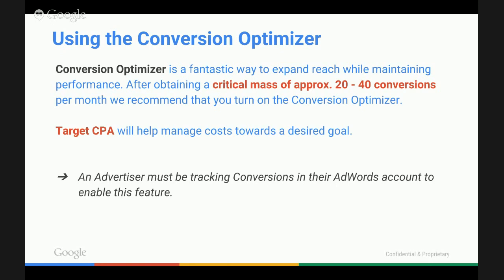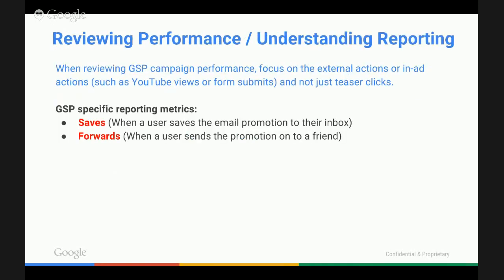And then, as Indra already mentioned, reviewing performance is a very important thing, and you can enable the columns in your AdWords interface which would show you these metrics. We would suggest not only concentrating on clicks on your teaser ads, but you could draw some useful conclusions for your business when you're concentrating on GSP specific reporting metrics like saves and forwards.